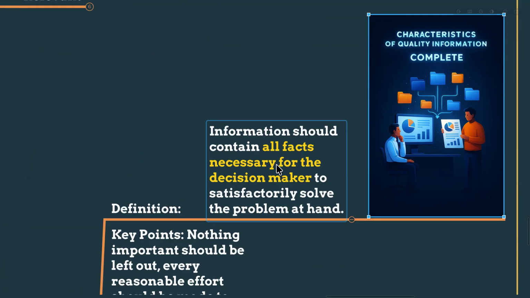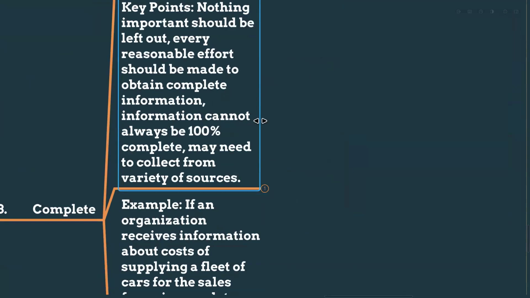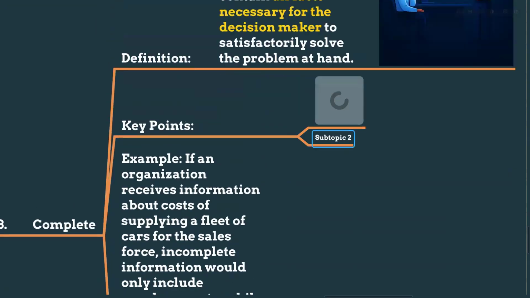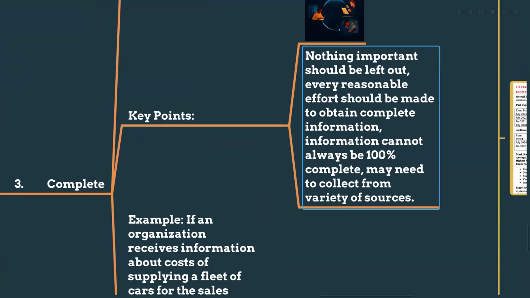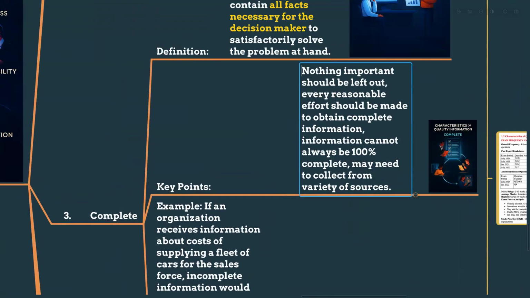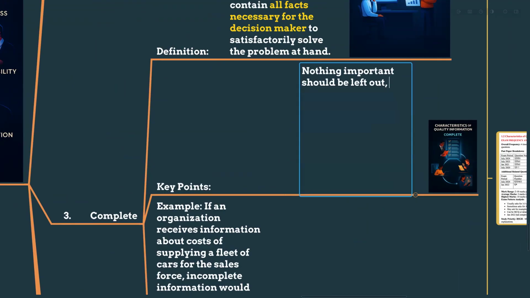Sometimes information cannot always be 100% complete, but you have to provide a very reasonable completeness. You need to collect the data from various sources. That's the completeness. So I'm having key points here. The key points you have to consider when you are making information complete: nothing important should be left out, right?